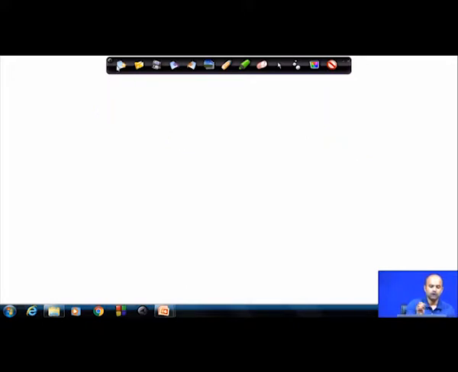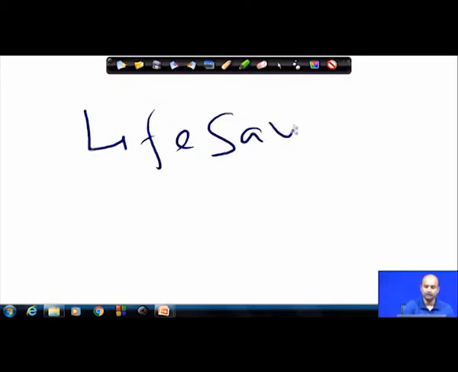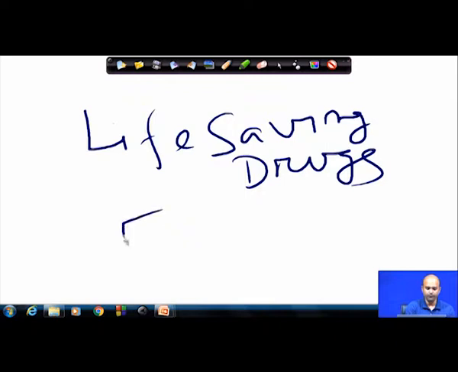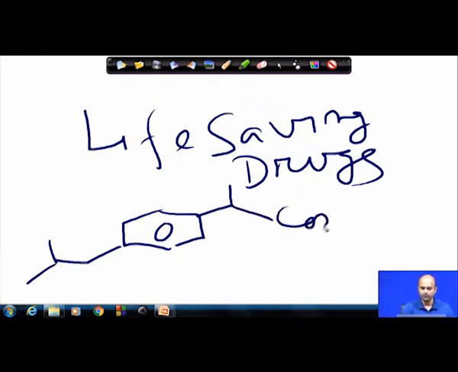So, all these things you basically need, and then the main thing is life saving drugs. All the life saving drugs are essentially organic molecules. Say for instance, I am trying to draw a drug whose structure is this, and this compound is a very well known painkiller, its name is ibuprofen.